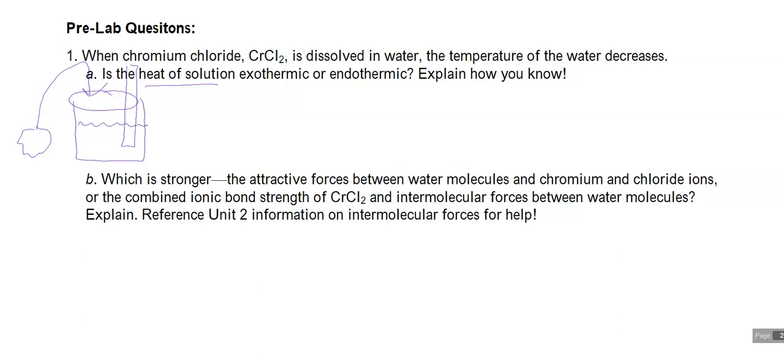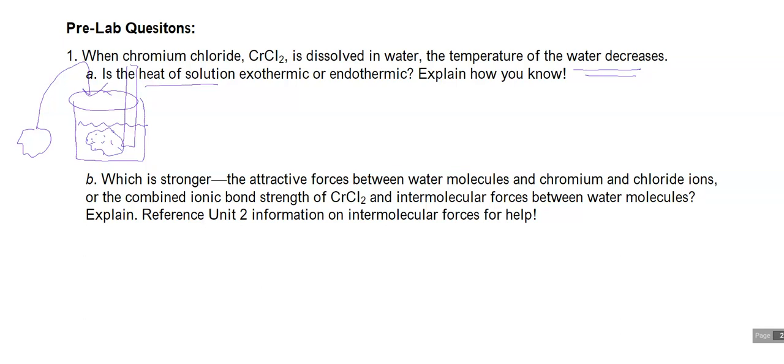So the temperature of the water, that's important. The temperature of the water decreases. So we add this solute in here, it dissolves, right? And the temperature of the water goes down. That means you have to think, where's the energy going? The energy is going from the water into this dissolving process that's occurring right there.